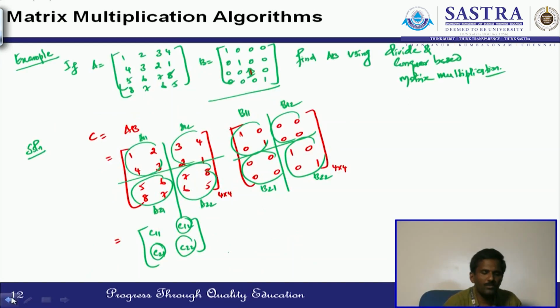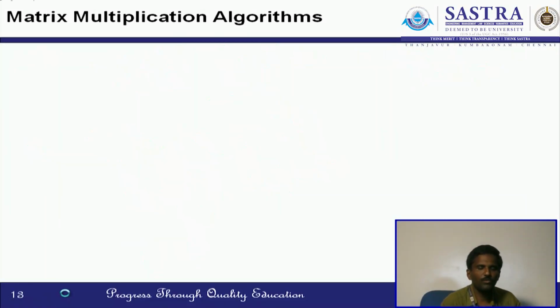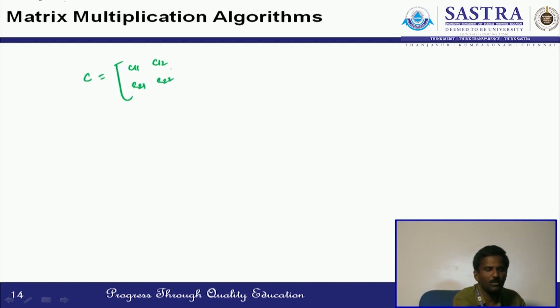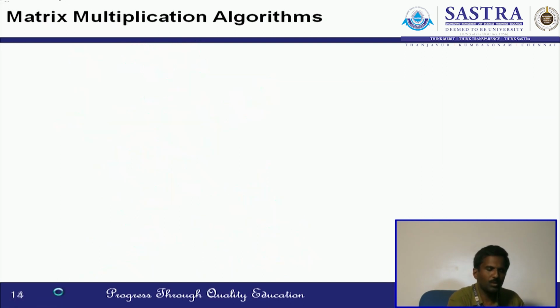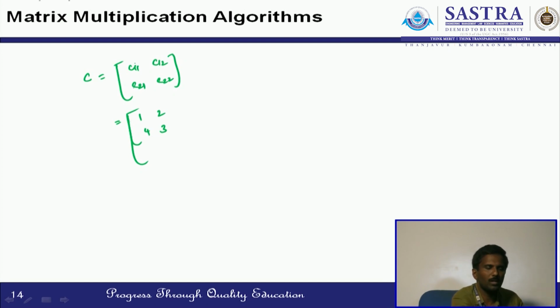Finally, the resultant matrix C is obtained by substituting the 4 2 by 2 matrices in this equation. So, updating the matrix C here, we will get C is equal to C11, C12, C21, C22, where each Cij is a 2 by 2 matrix. 1, 2, 4, 3, that is C11 is replaced here.